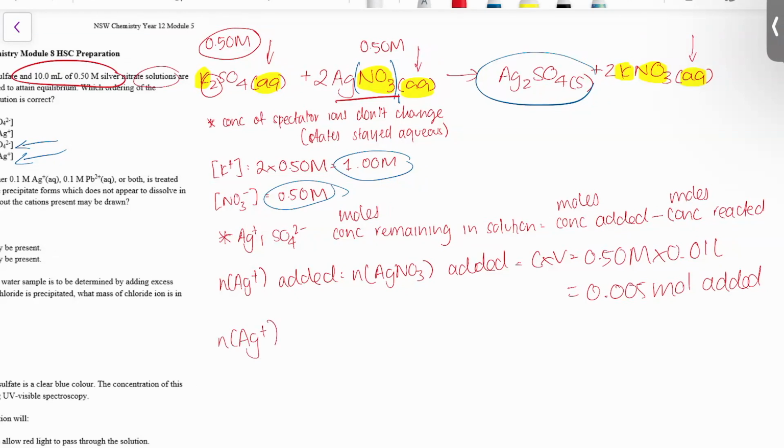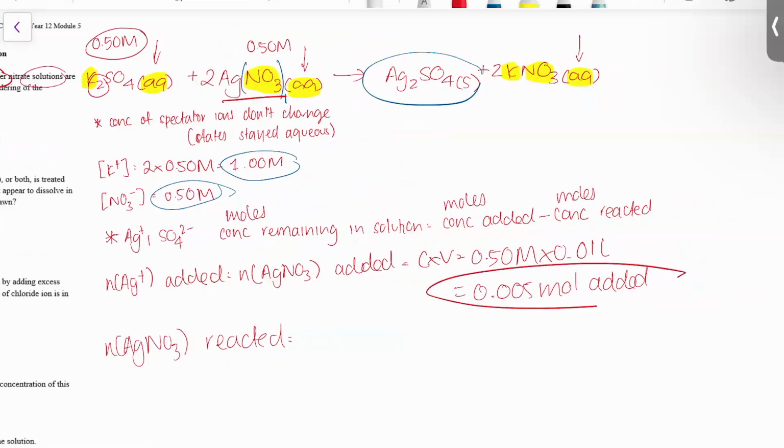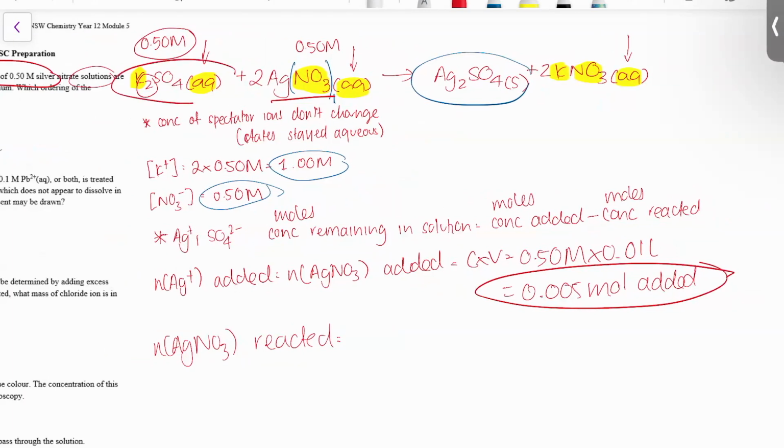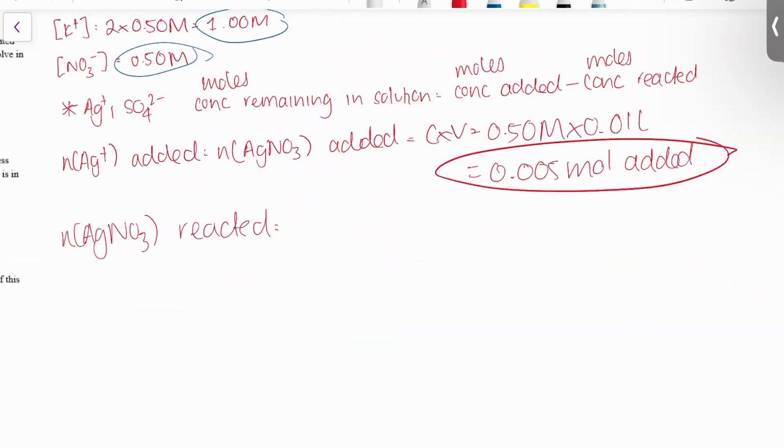And then moles of AgNO3 reacted depends on what the limiting reagent is, which means I got the moles added now, but I need to know the moles of the other thing that got added, because the amount reacted depends on what the limiting reagent is.